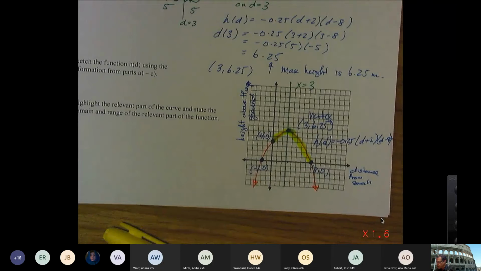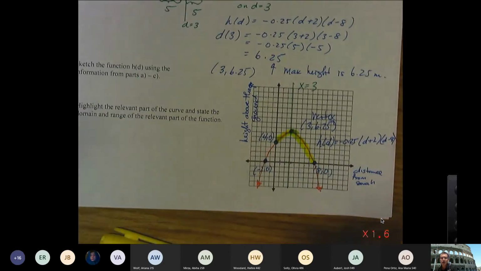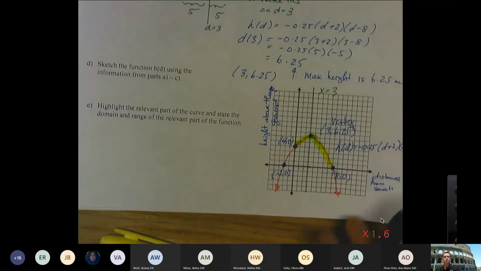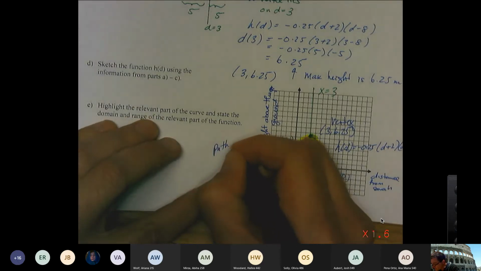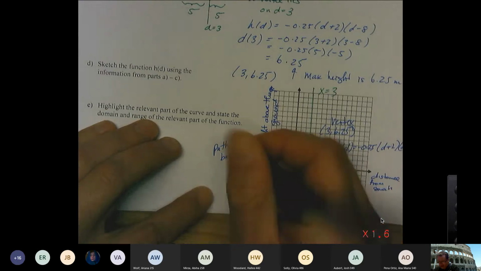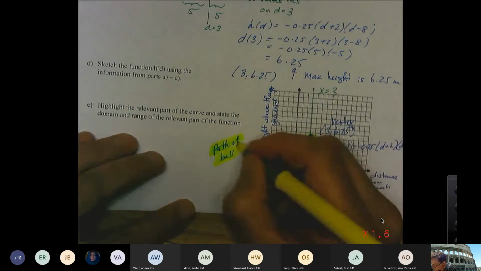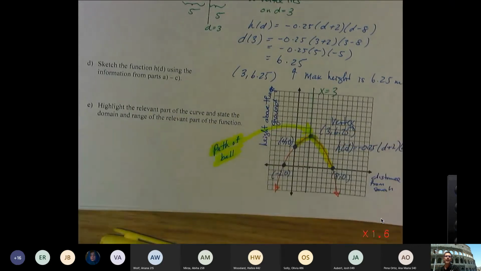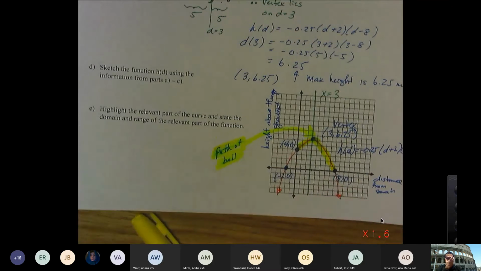So notice the path of the ball is much less than the entire parabola. This is what I mean by saying that the problem is smaller than the math. The math has more information, but the path of the ball is only the highlighted part. Okay? It doesn't go below 0, and it doesn't go behind Sarah.